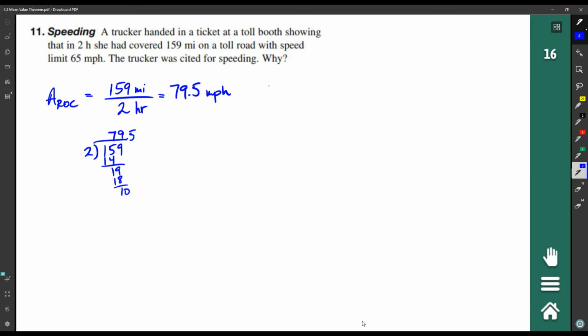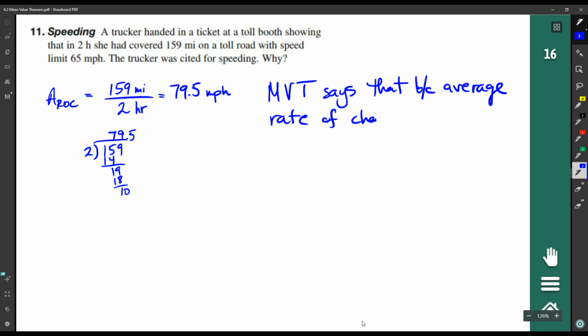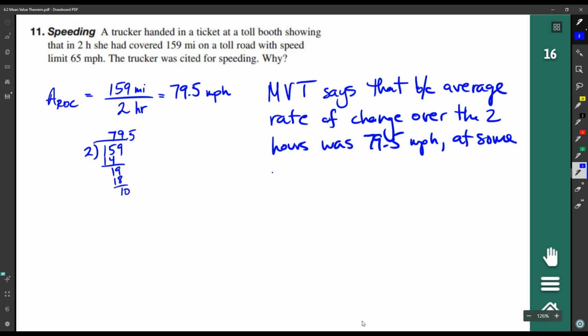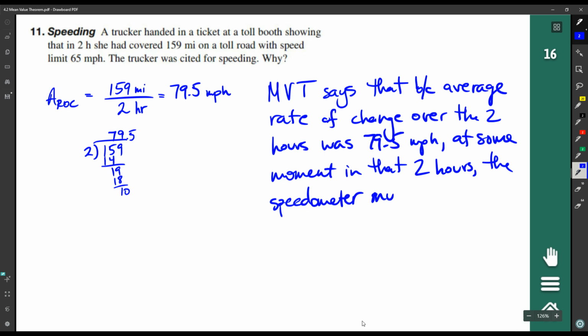Why? Well, the mean value theorem says that because the average rate of change over the 2 hours was 79.5 miles per hour, at some moment in that 2 hours, the speedometer must have read what? 79.5 mph.